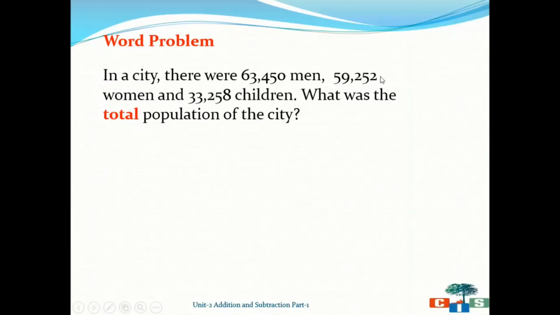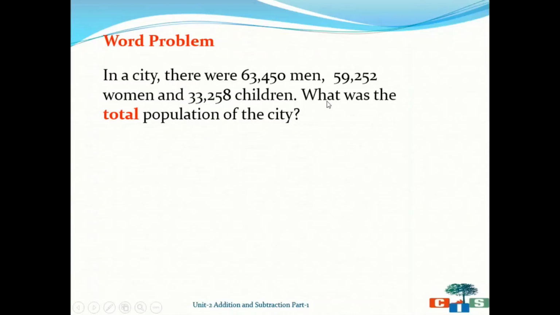This number tells us that there were 59,252 women in a city. So the next statement will be: number of women is equal to 59,252. Now see the third number, 33,258. This number tells us that there were 33,258 children in a city. So the third statement will be: number of children is equal to 33,258.